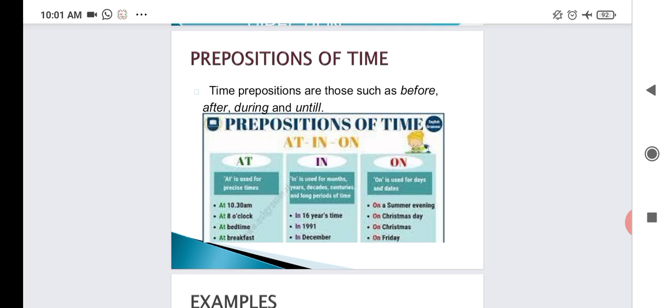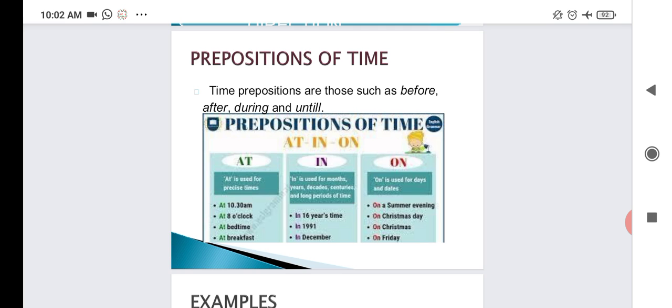If you observe this table carefully, in which I have given you time prepositions. Preposition of time એટલે કે સમય દર્શક શબ્દો, જેવા શબ્દો કે જેના દ્વારા તમે સમય દર્શાવી શકો. ખાસ કરીને such prepositions like before, after, during, until, at, in, on.